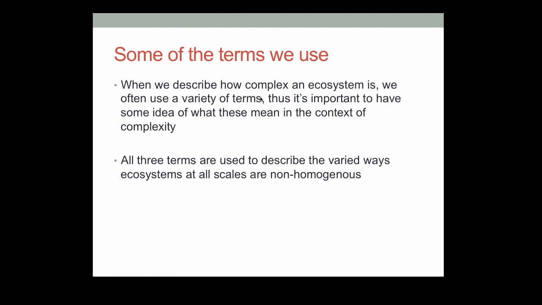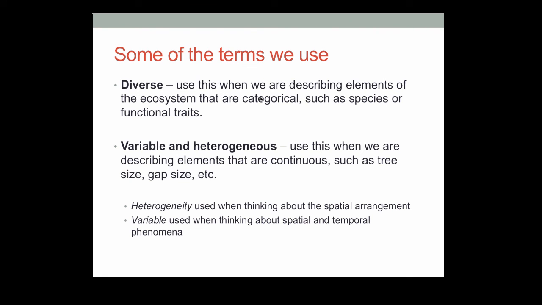And so there are a variety of terms, but there are three terms that I really want to highlight here that you'll often see that are used to describe the varied ways ecosystems at a variety of scales are non-homogeneous or heterogeneous, right? In other words, there are a variety of terms that often are used in ways to help describe this idea of complexity.